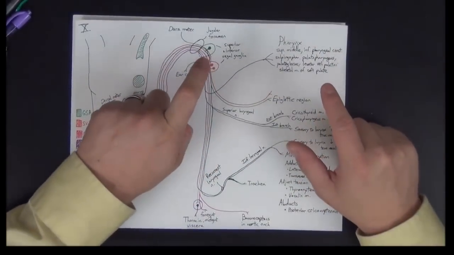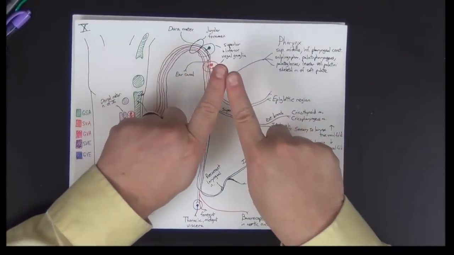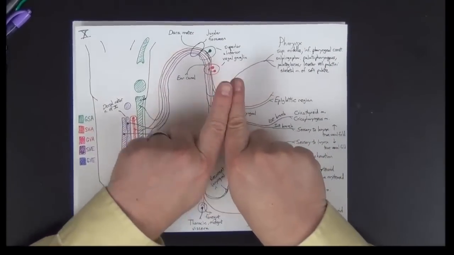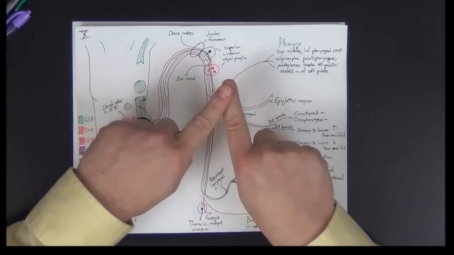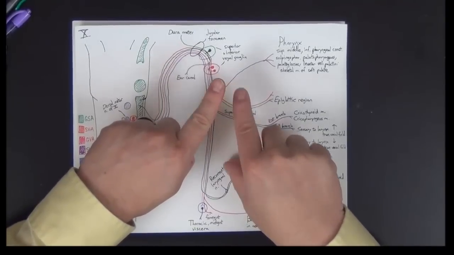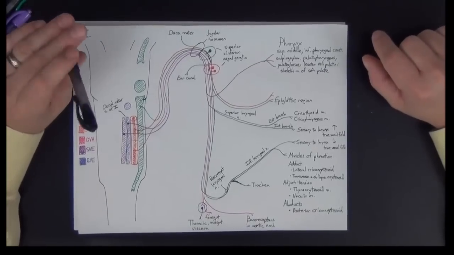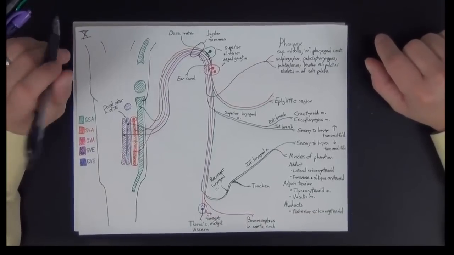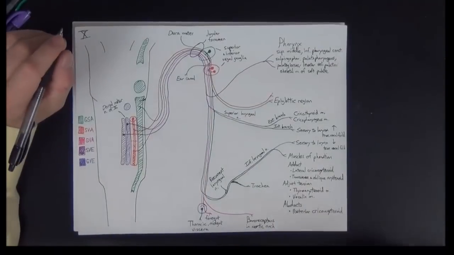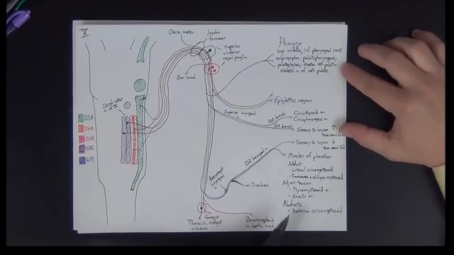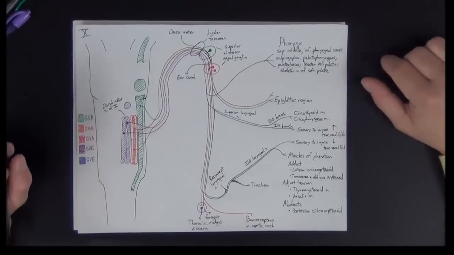Because if this side is intact, this side is weak, I can't abduct it. It doesn't get out of the way. So even if this one moves to open the airway, this one's just loose and it's flapping in the breeze. And people have a hoarse voice because they can't adjust the volume. So hoarseness or difficulty speaking points to a problem with the vagus nerve affecting these muscles of phonation.